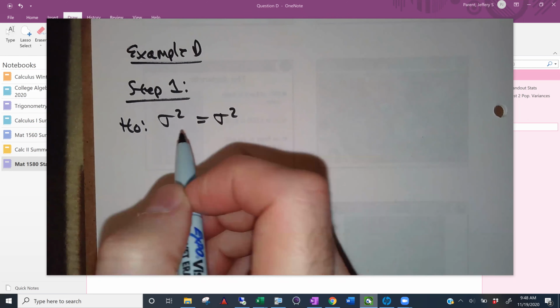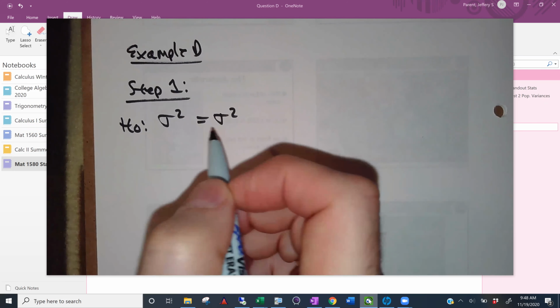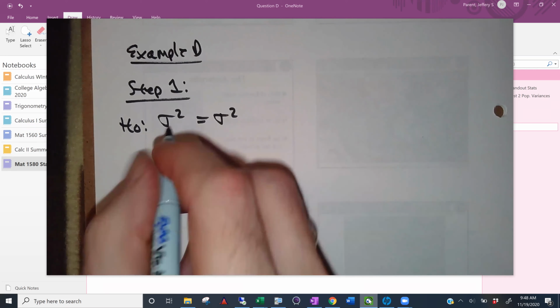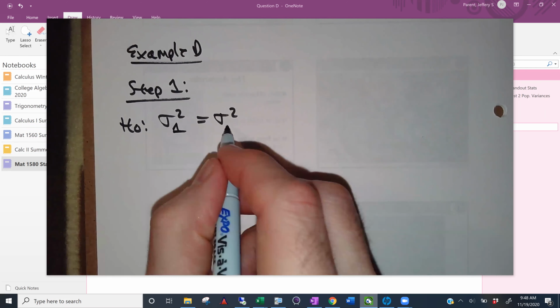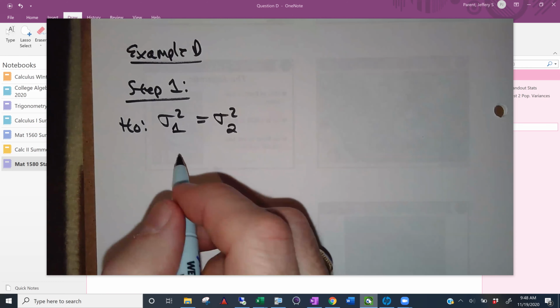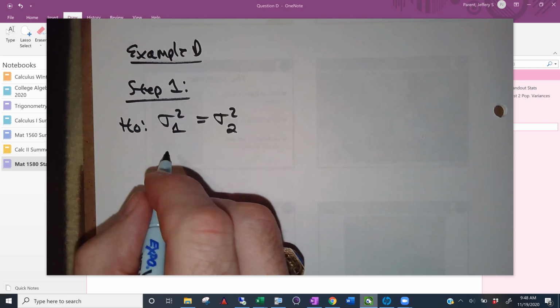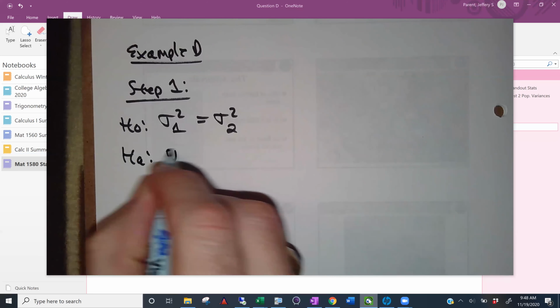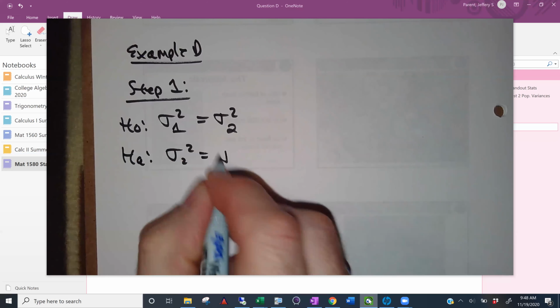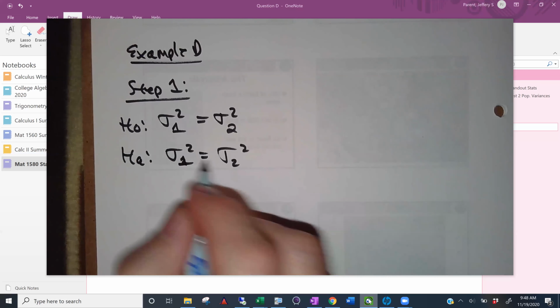We can use 1995 and 2015. Doesn't matter. All right, we'll just use sigma 1 and sigma 2, where sigma 1 is our older ones, sigma 2 is the newer ones. HA should be a 1. Should be not equal to.